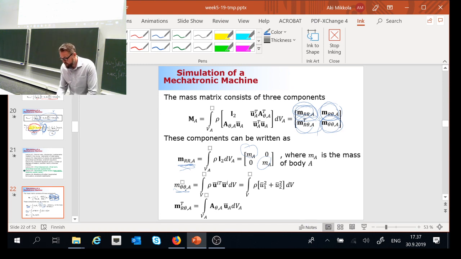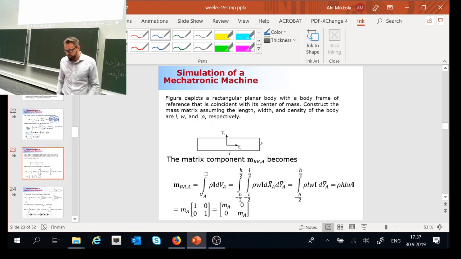And then the final one is the one that will couple the translation and rotation. All becomes clear when we're looking at an example, and here's an example for you. So I have here a box-like body.